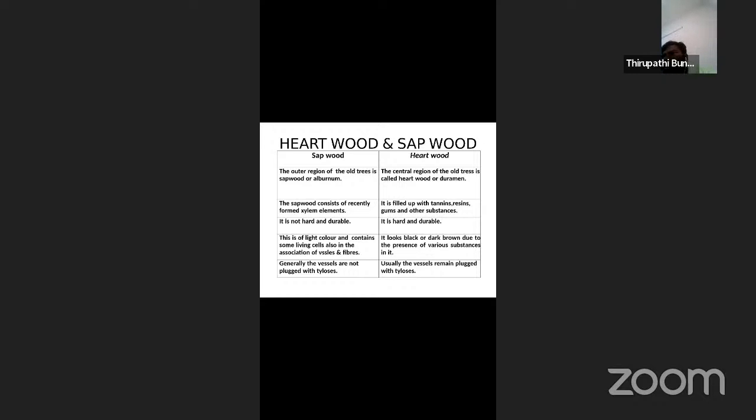Sapwood is not hard and durable, but heartwood is very hard and durable. Sapwood is light in color and contains some living cells in association with vessels and fibers. But heartwood looks black or gold, thick gold color.